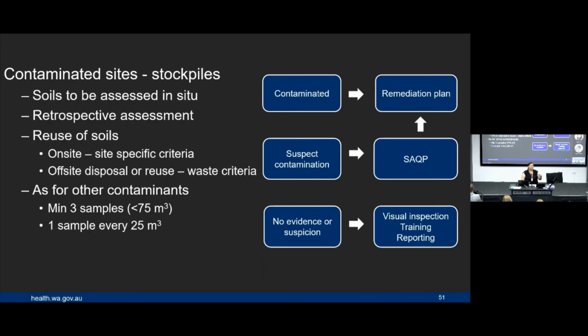So if we're dealing with bonded ACM only, then our sampling plan, using those sample numbers that are required, can be done for bonded material only. So you don't necessarily have to do AF samples as part of your sampling plan if it's bonded material only.